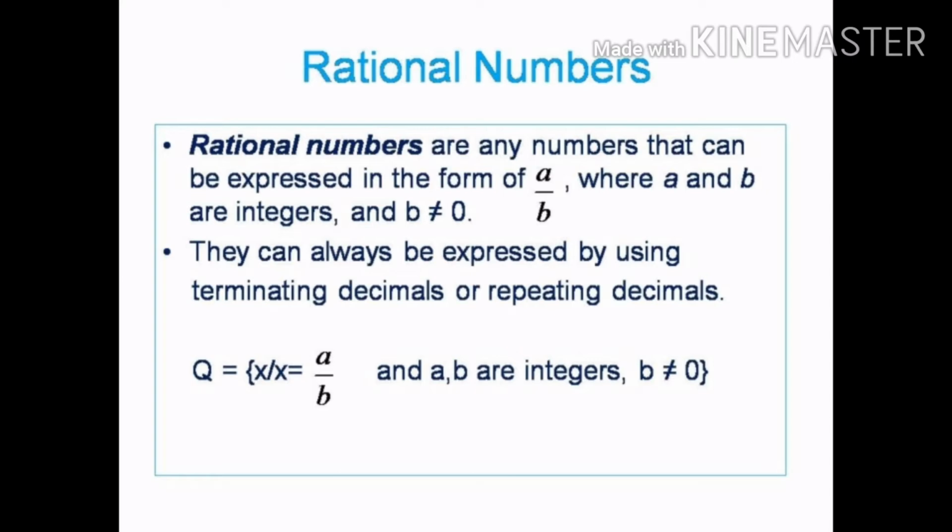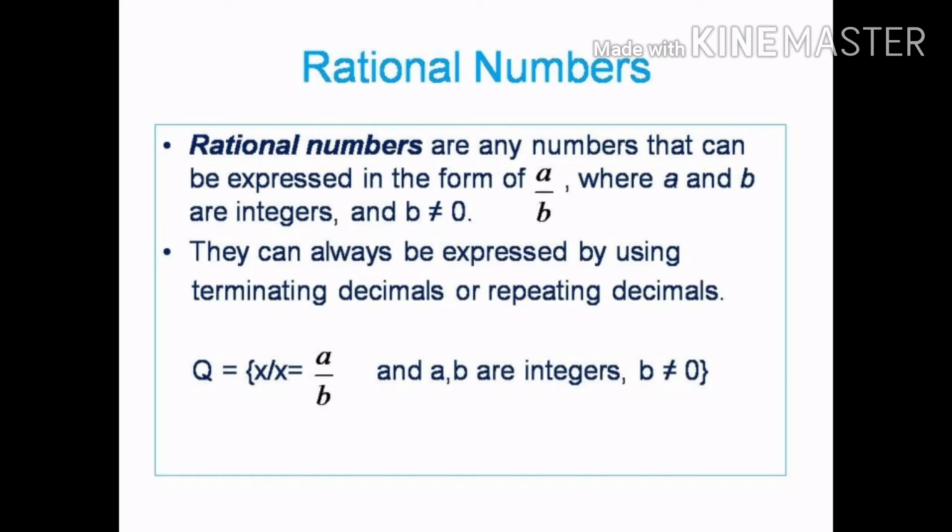It is an undefined value. That is why in any case the denominator of any fraction should not be equal to 0. They are expressed using terminating decimals or repeating decimals.